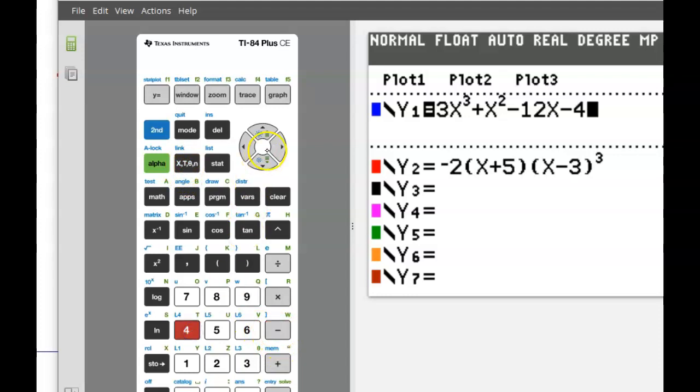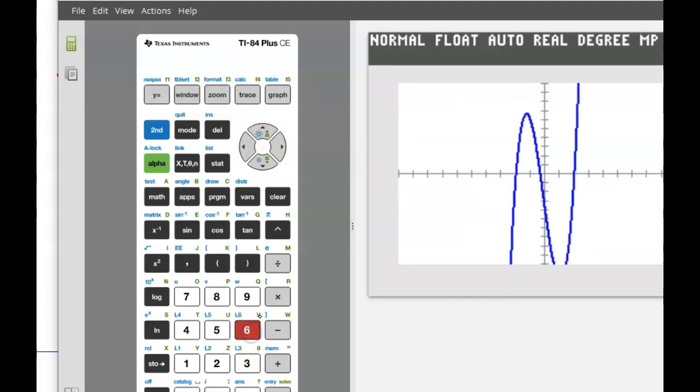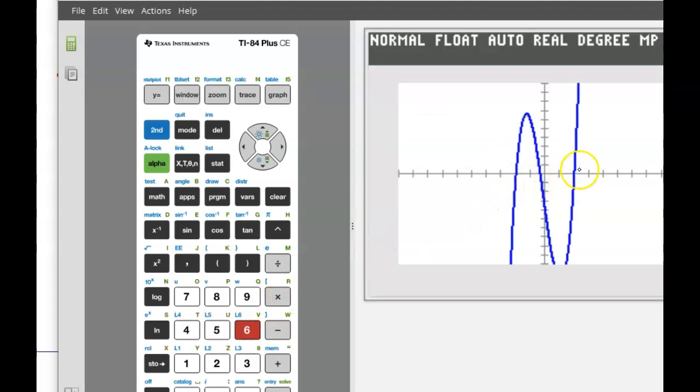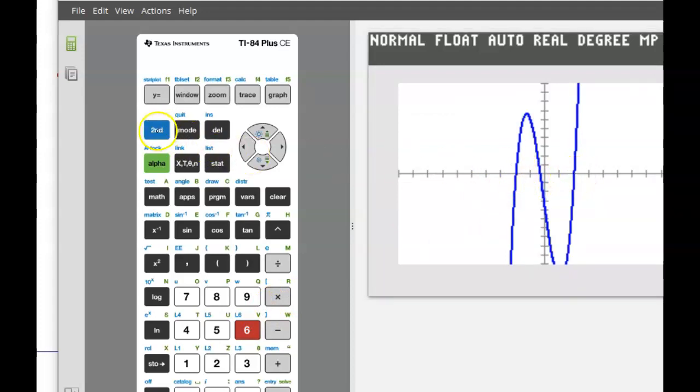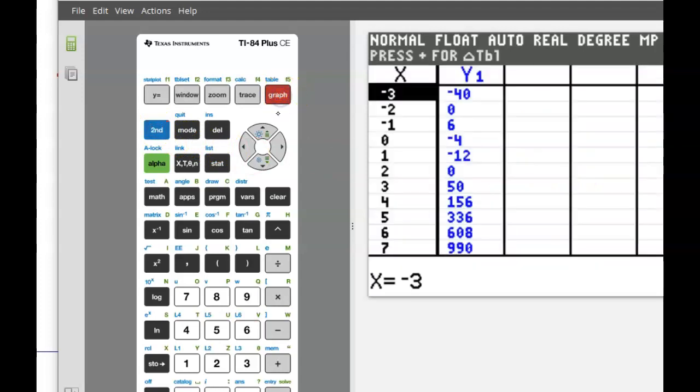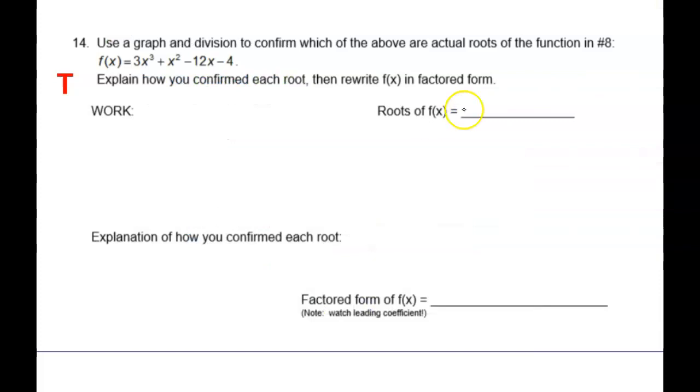Okay, I'll start with a standard window. All I need to see is that -2 and +2 look like zeros, or I could look at the table. Okay, -2 and +2 are zeros. Now there is a third one that I'm going to have to figure out.